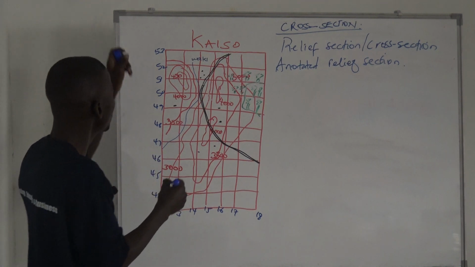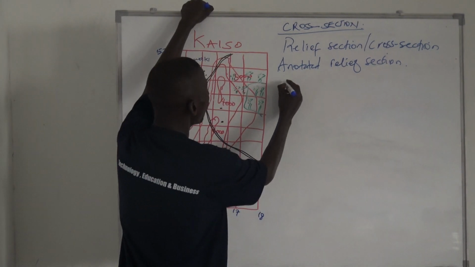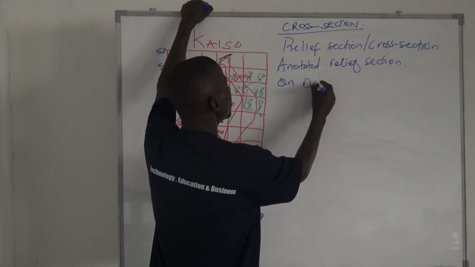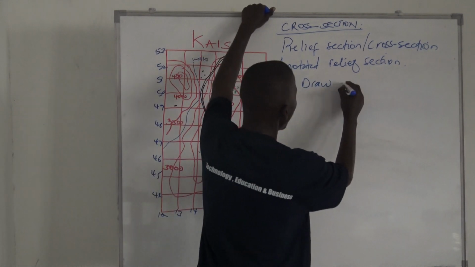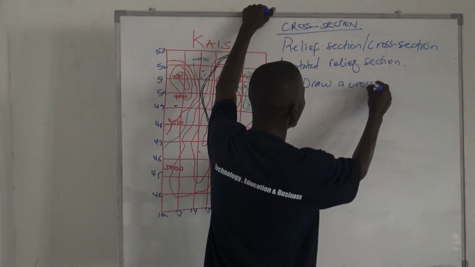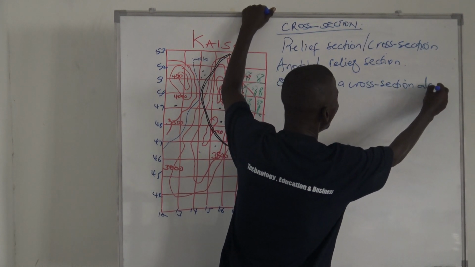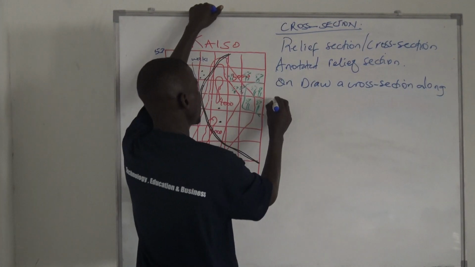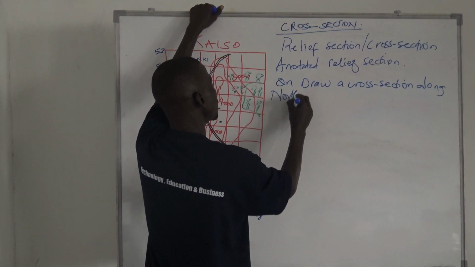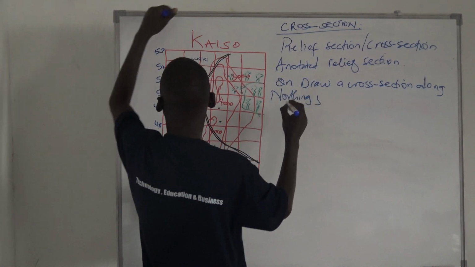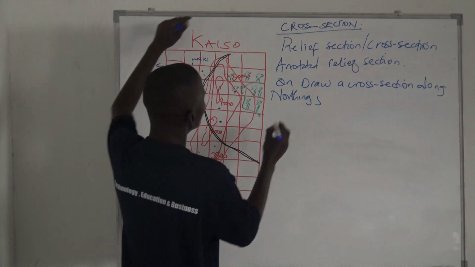So somebody can bring a question and say, draw a cross section along northings 51.